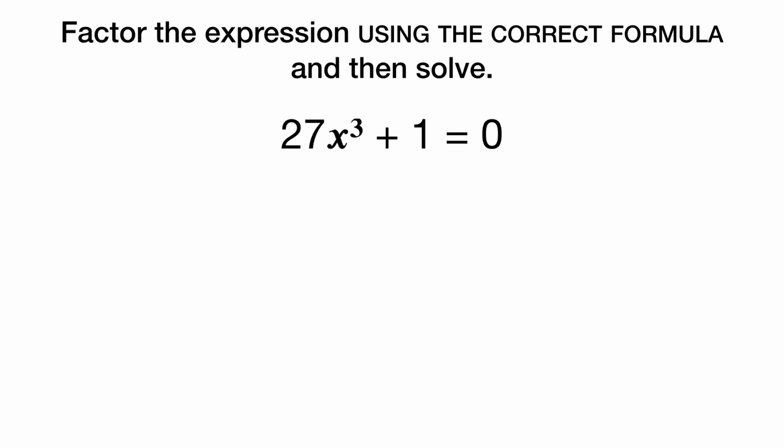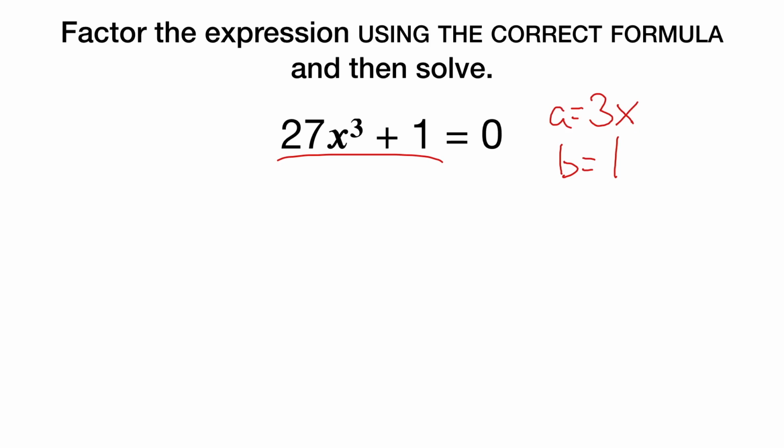So now let's talk about our a value. In this case, a is the cube root of 27x cubed. So the cube root of 27 is 3, and the cube root of x cubed is x. So our a value is 3x, and our b value, the cube root of 1, is in fact 1.